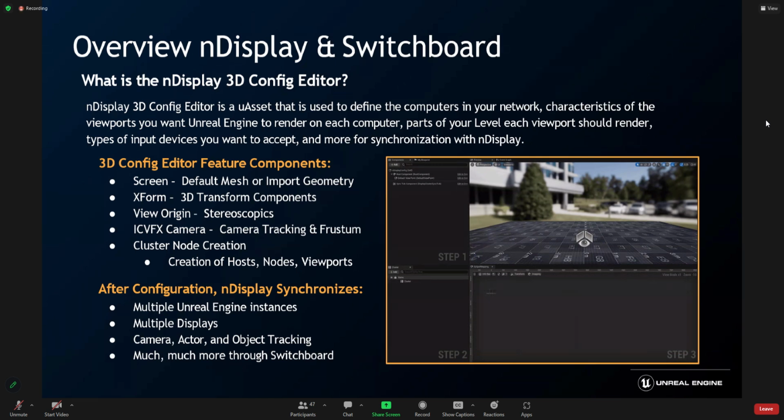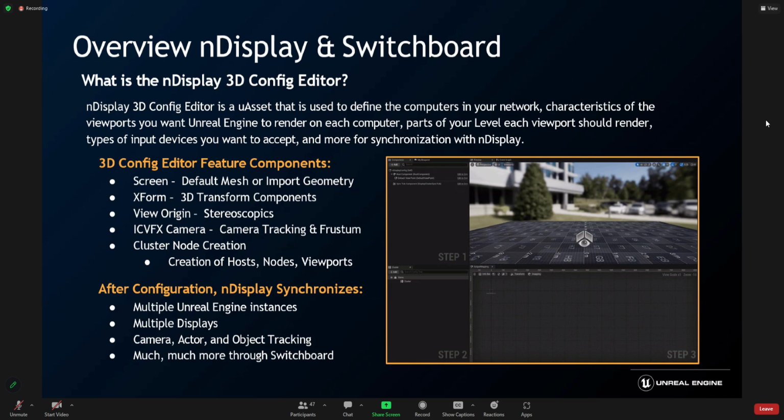After these configurations are set up, the viewports noted here will be on display down here, as we'll see later. You can have multiple displays, and we'll start out with just one, and we'll look at the Lux stage.